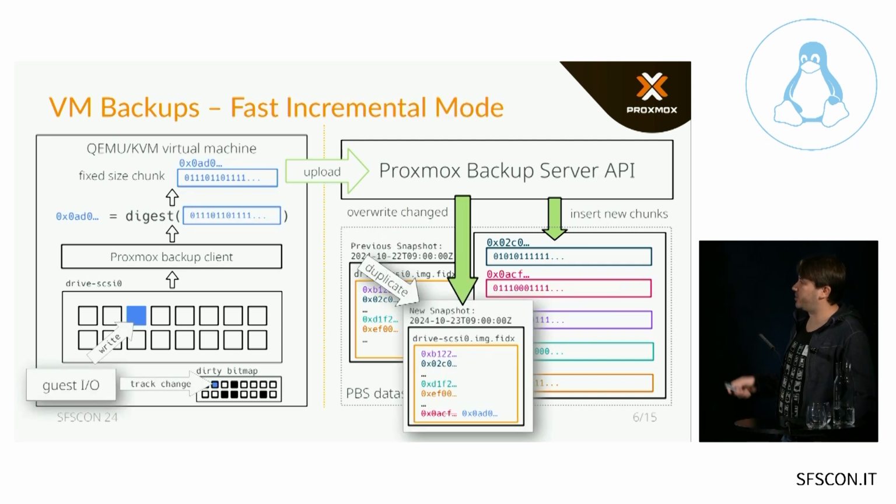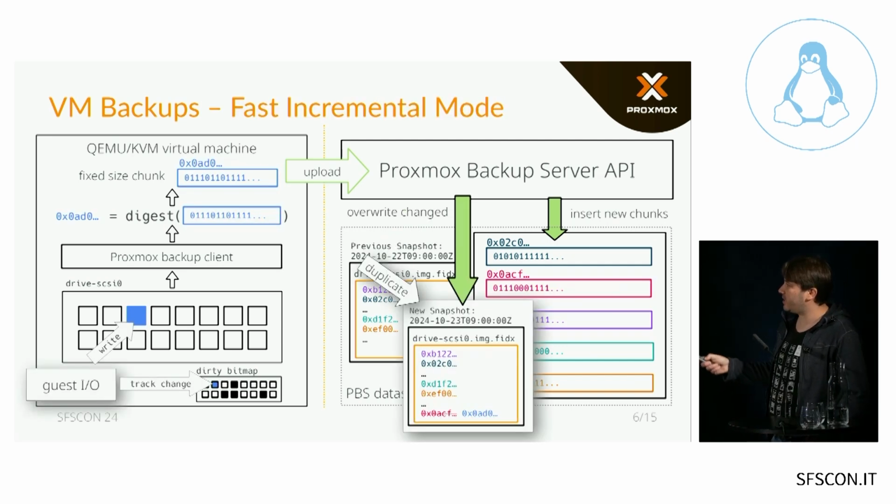In order to read and calculate this data, this of course takes time. So we have an optimization. If you want to perform a backup of a virtual machine which has been backed up before, we track during guest I/O which blocks of the virtual block device have changed, and we only calculate the new digests of these changed blocks and only upload those.